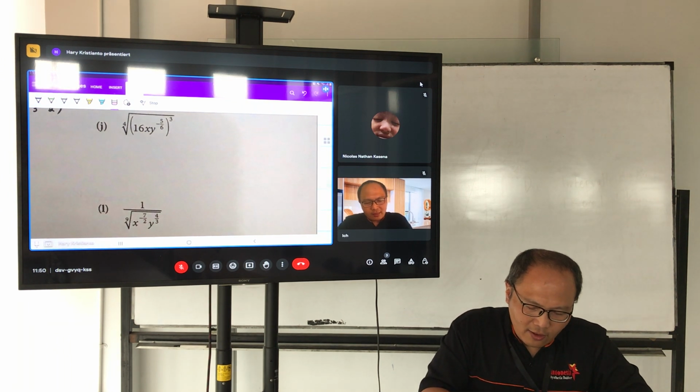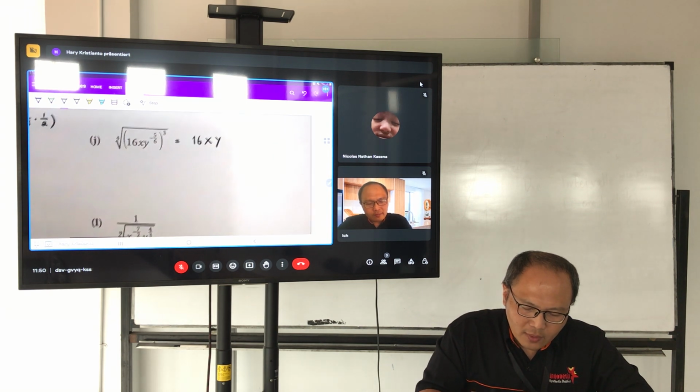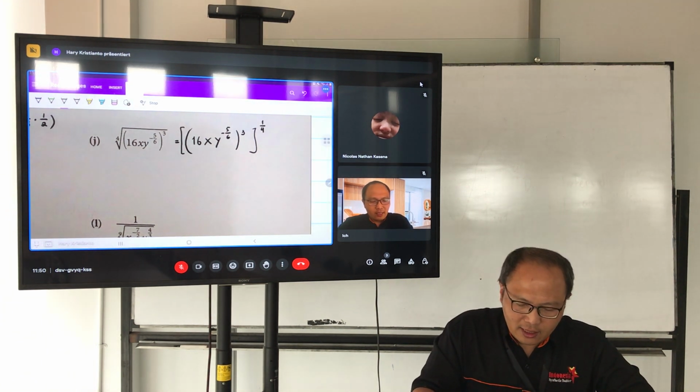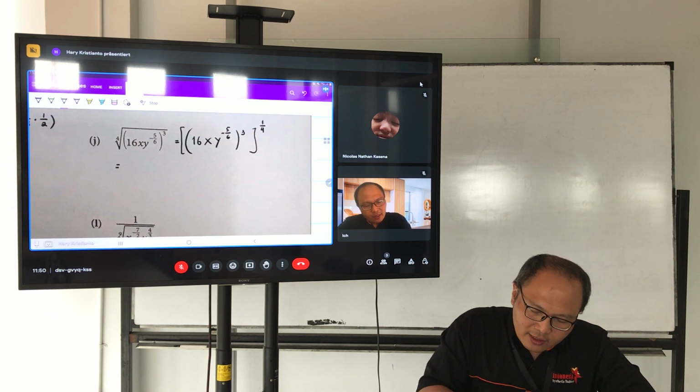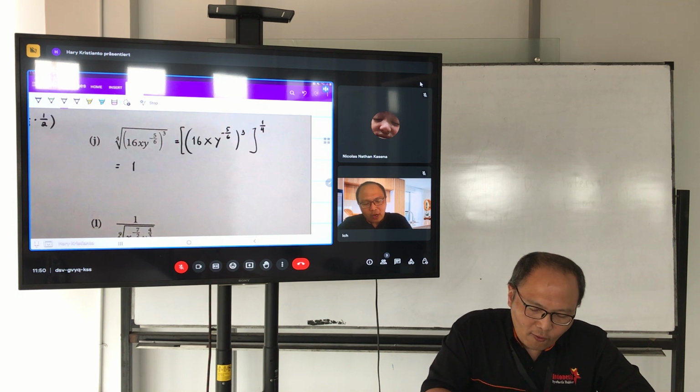Now let's discuss. For the problem of J, I can write it like 16 x y to the power of negative 5/6, to the power of 3, and then all of it raised to power 1/4. So meaning I have 16. 16 can be written as 2 to the power of 4. 2 to the power of 4 is 16.